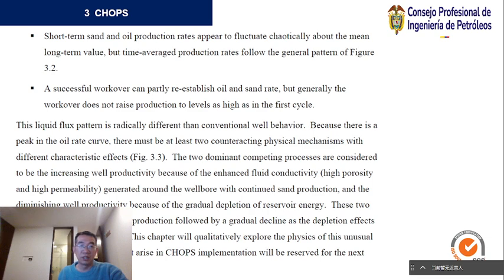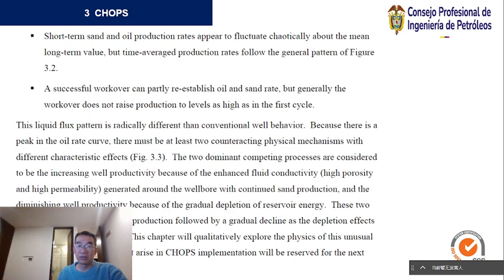These two effects combine to give a peak production, followed by gradual decline as the depletion effects become dominant with time.